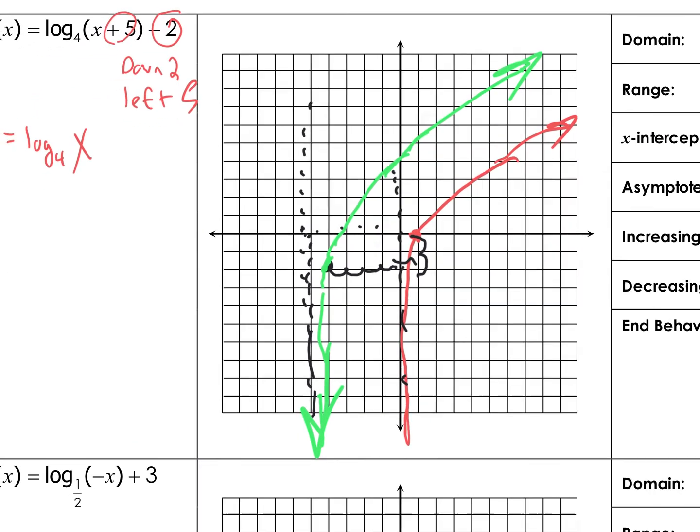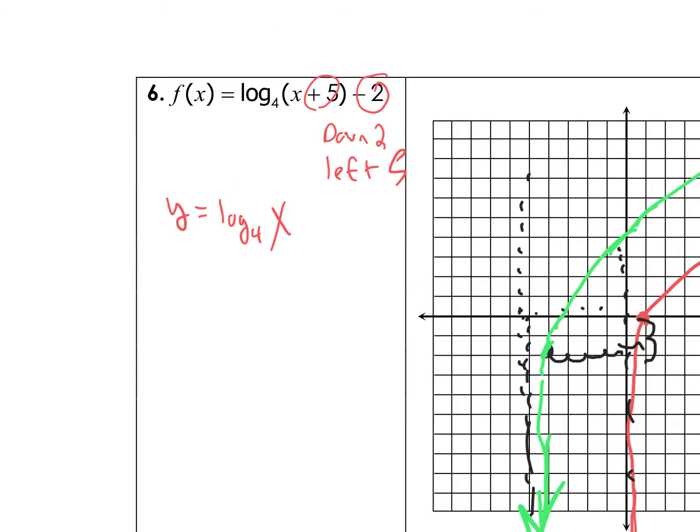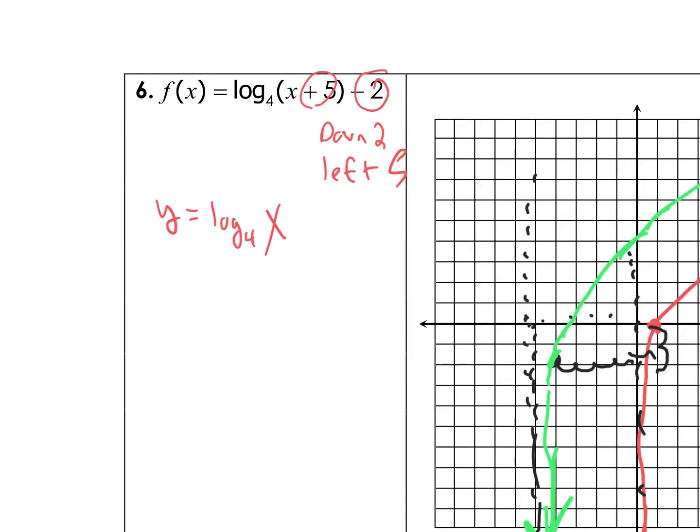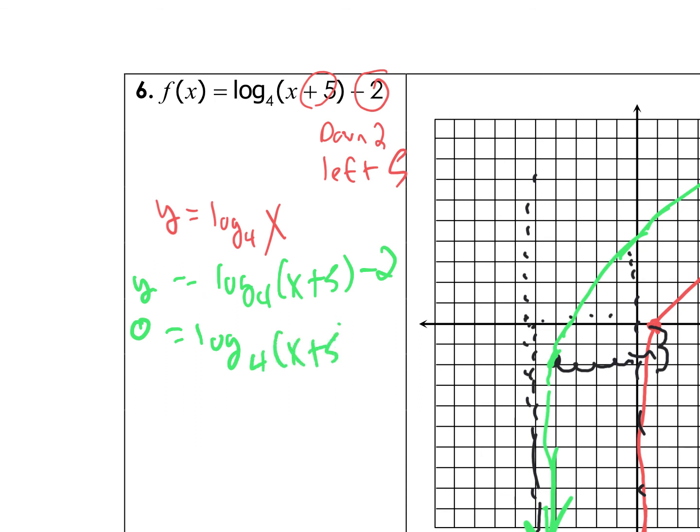So I'll do the algebra. Original problem. y equals log base 4 of (x plus 5) minus 2. Make that the 0, like we did before. 0 equals log base 4 of (x plus 5) minus 2.